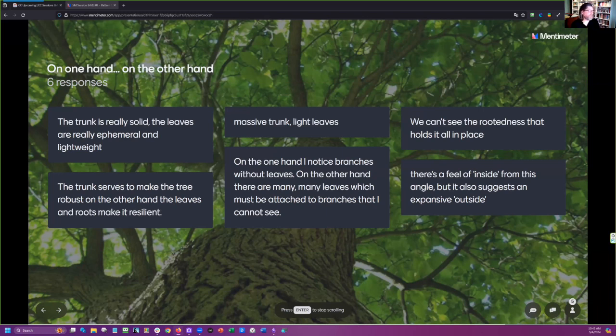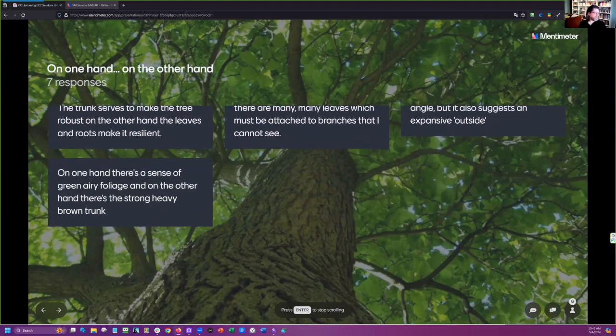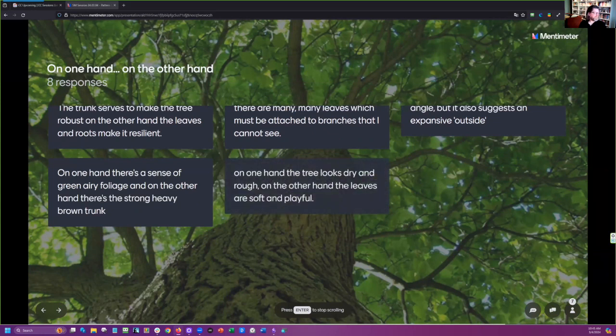Oh, this is so great. Dry and rough. On the other hand, the leaves are soft and playful. A lot of contrast between the wood and the leaves. Contrast and connection.